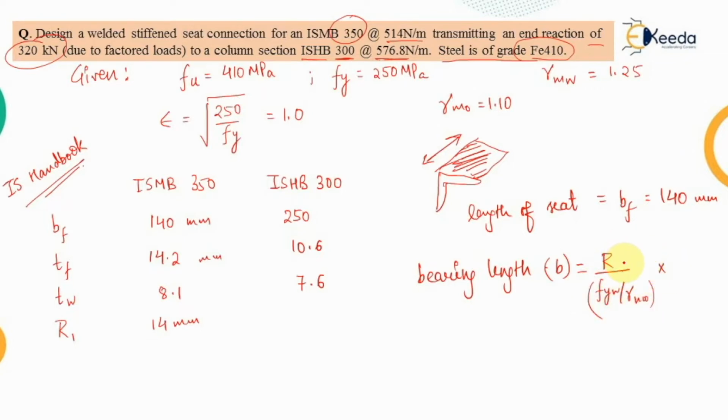Since from the first term we are getting the area, now we need to divide it by the thickness of the web. So if we put down all the values, R is 320 kilonewton, that is 320 into 10 raised to the power 3, divided by 250 divided by 1.10 into the tw value of 8.1 millimeters. The value that we get comes out to be 173.82 millimeters.